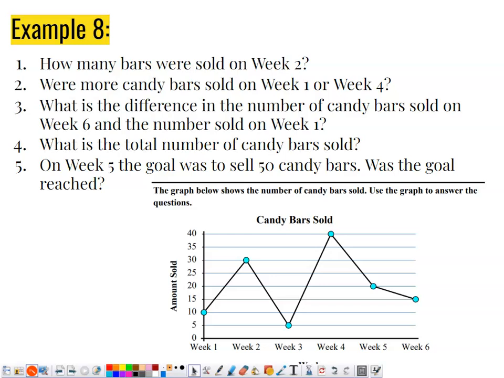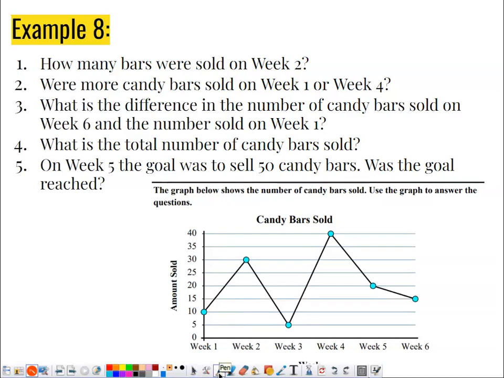So example 8, how many bars were sold on week 2? We're just looking at how many bars were sold on week 2. Track down week 2, we see that 30 bars were sold there. So 30 bars. Number 2, were more candy bars sold on week 1 or week 4? Week 1 we sold 10, week 4 we sold 40, so we know that we sold more bars on week 4.